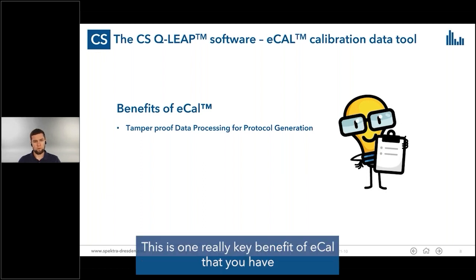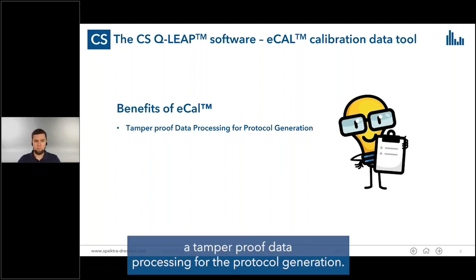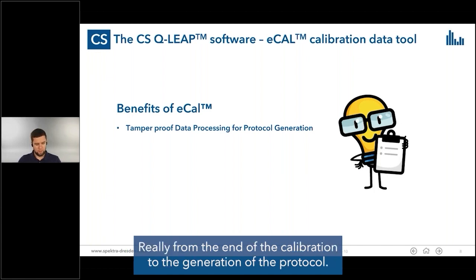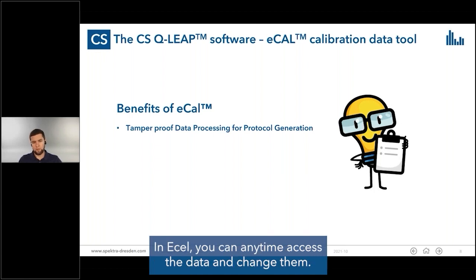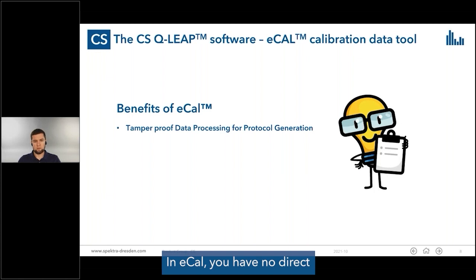And this is one really key benefit of eCal, that you have a tamper-proof data processing for the protocol generation, really from the end of the calibration to the generation of the protocol. In Excel, you can anytime access the data and change them. In eCal, you have no direct access to the data itself, and therefore you have a complete safe way in data processing.